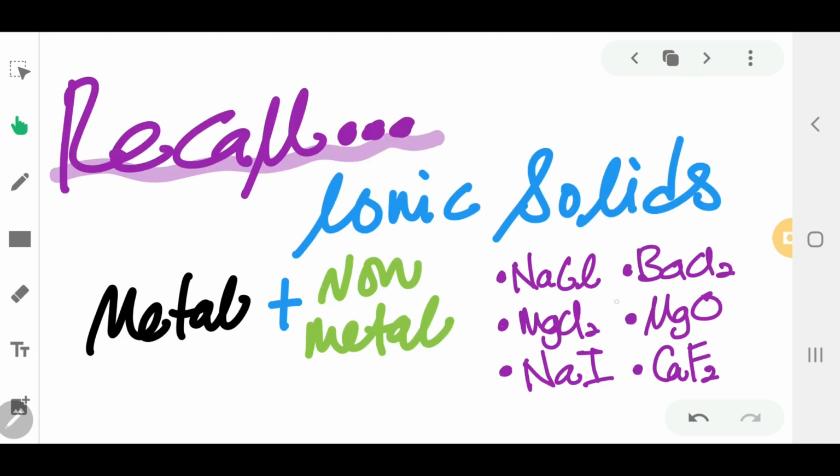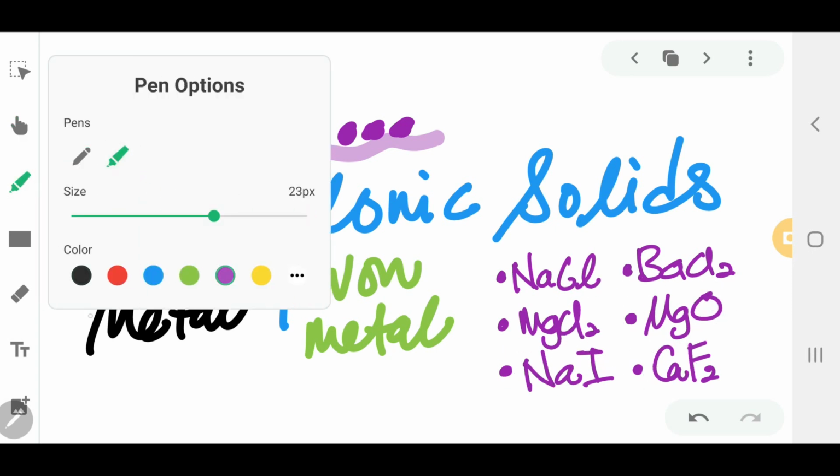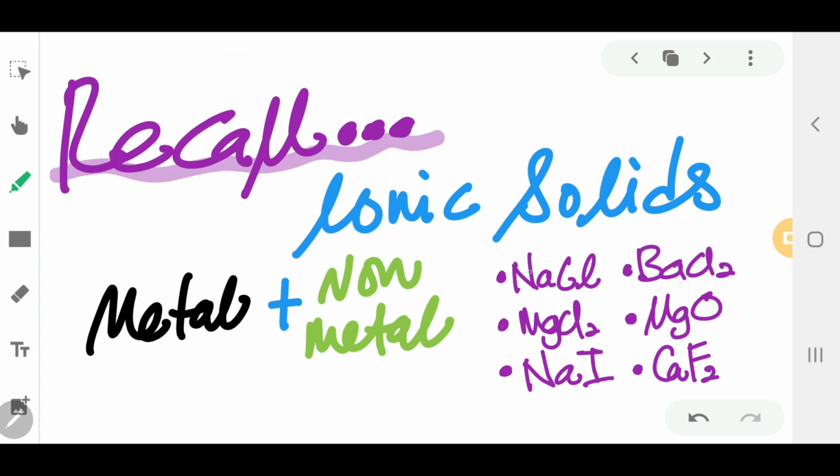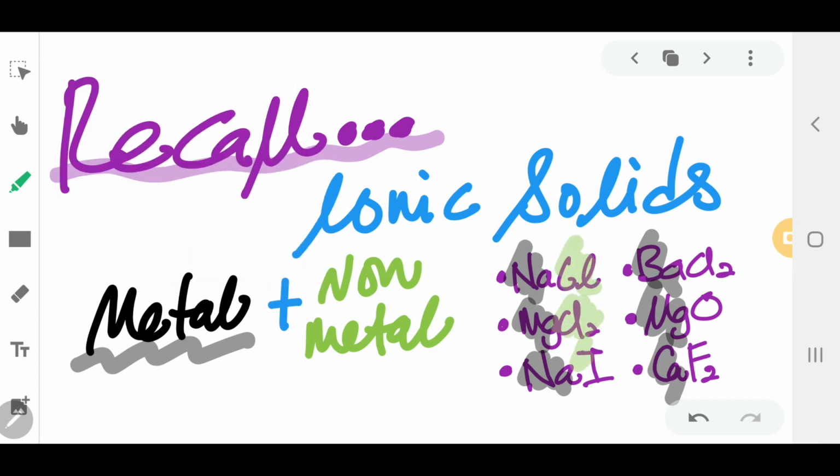Try to recall again. Ionic solids are between the metal and non-metal. These are the examples of ionic solids. The ones that I am going to highlight in black, those are the metals. So these are the metals right there. And the ones in green, those are the non-metals.